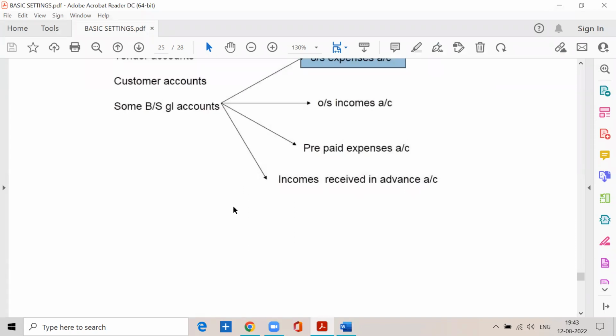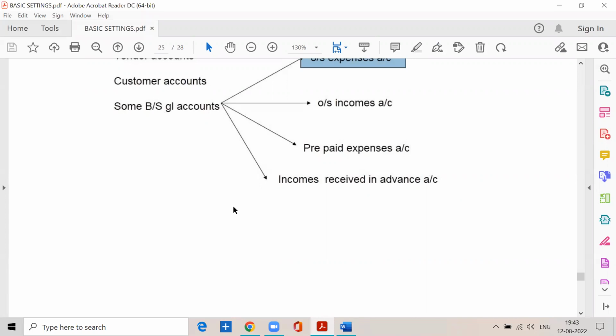Here we maintain the books of accounts to find out the operational results periodically. This period may be a month, a quarter, six months, or a year. So for that purpose, we prepare the financial statements every month.